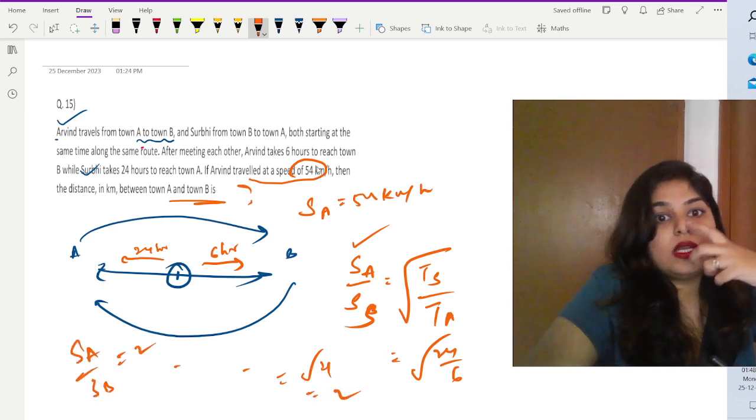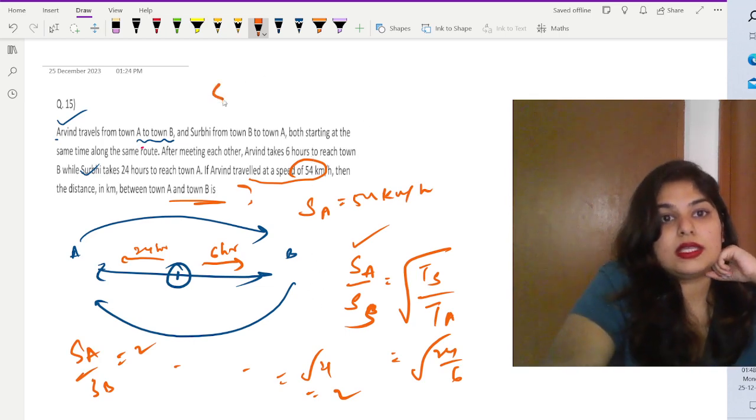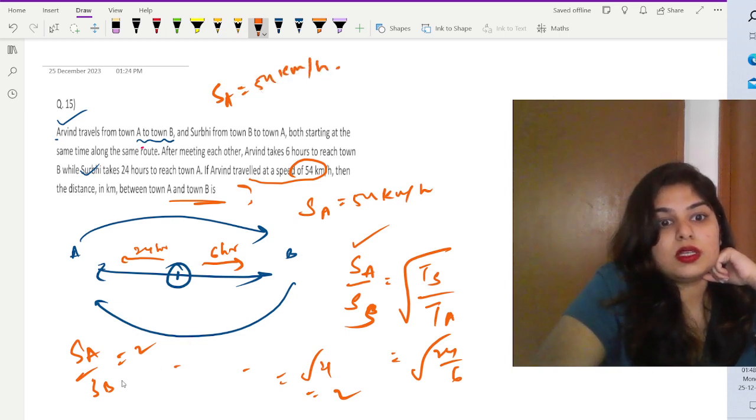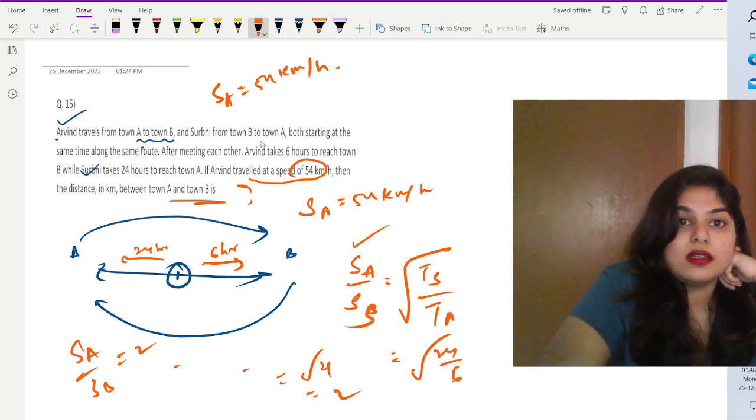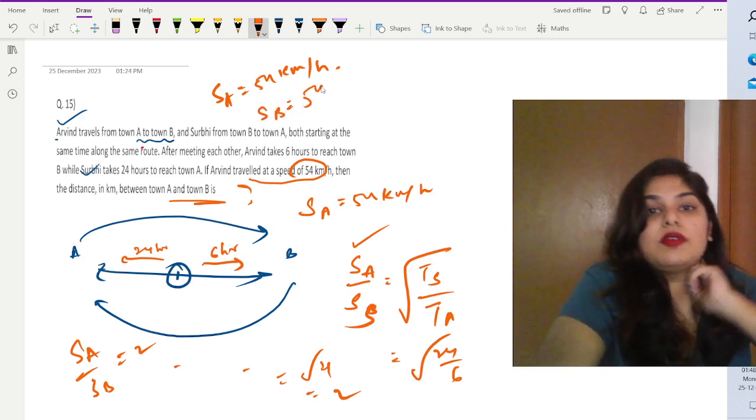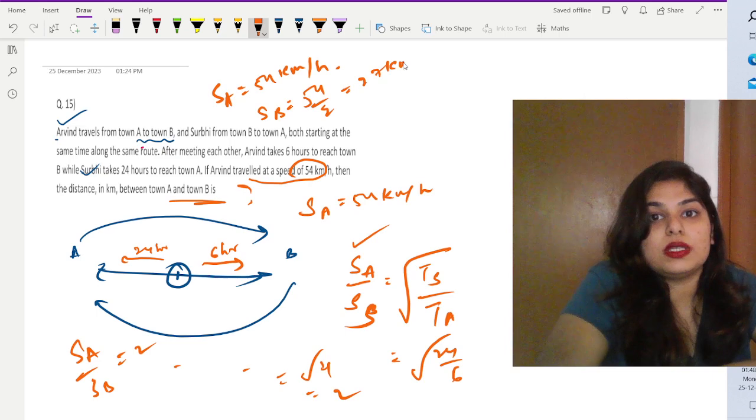Okay, now see, speed of Arvind is given. SA is 54 km per hour, right? So how much is the speed for Surbhi? The speed of Surbhi is half of that, that is SB is equals to 54 by 2 is equals to 27 km per hour.